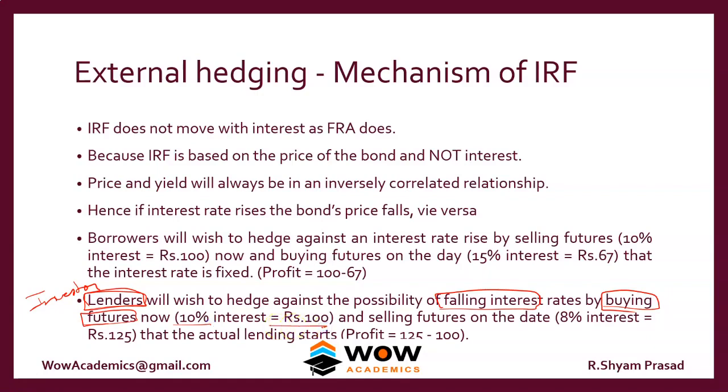So essentially you first buy the bond, at 100 rupees. After a particular point of time, the interest goes down, like you thought. When the interest rate goes down, the bond price will go up. At that point of time, you can sell it, so essentially you can make a profit.